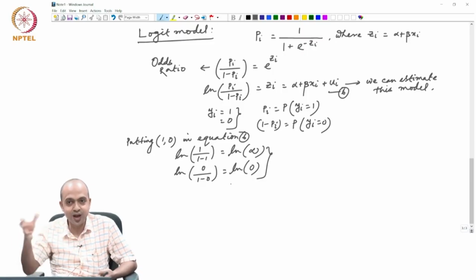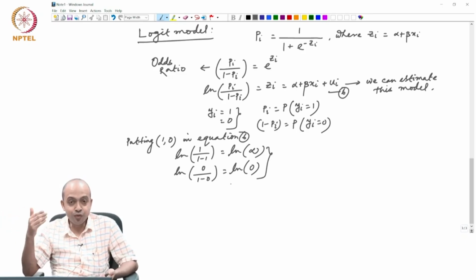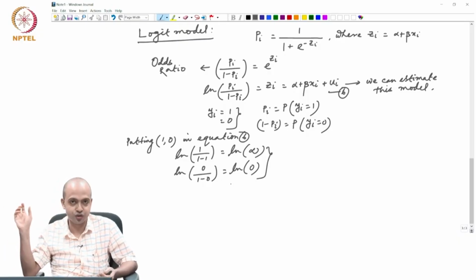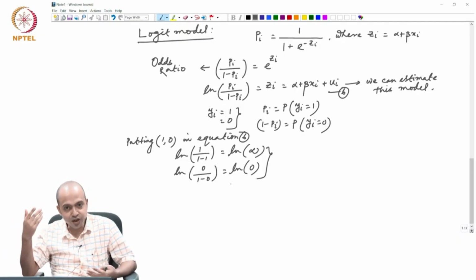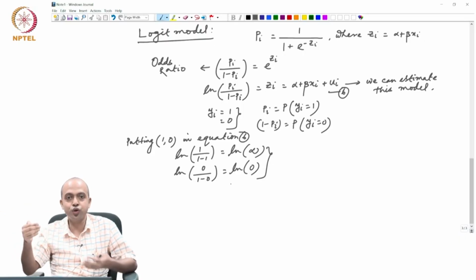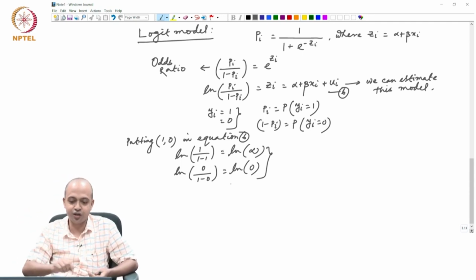That is the realized outcome, but the probability is unobserved. Probability of owning a car is not observed; what you observe is the ultimate realization, whether the person has taken it or not, that is the decision. After the decision, what we observe is a realized fact, but what we are thinking of in model 6 is log of pi by 1 minus pi, which is not observable.